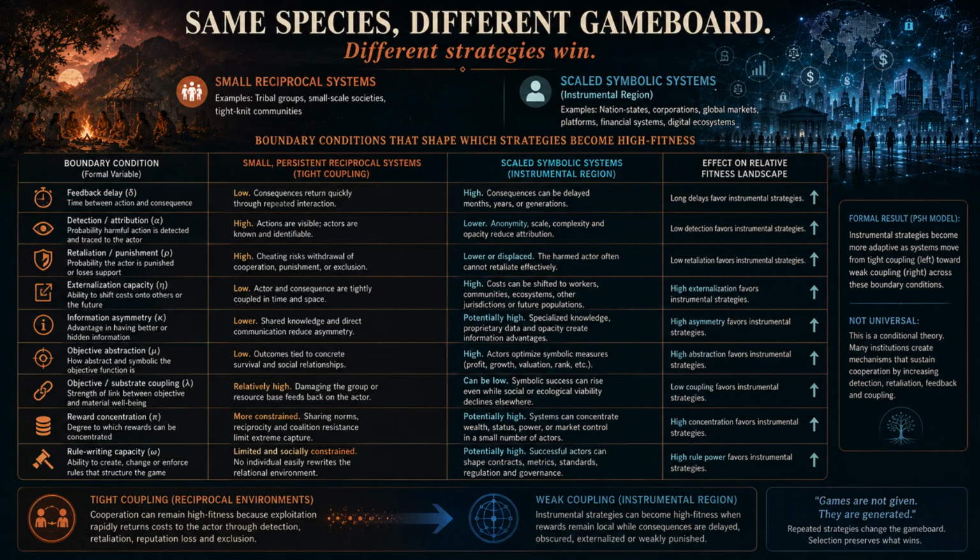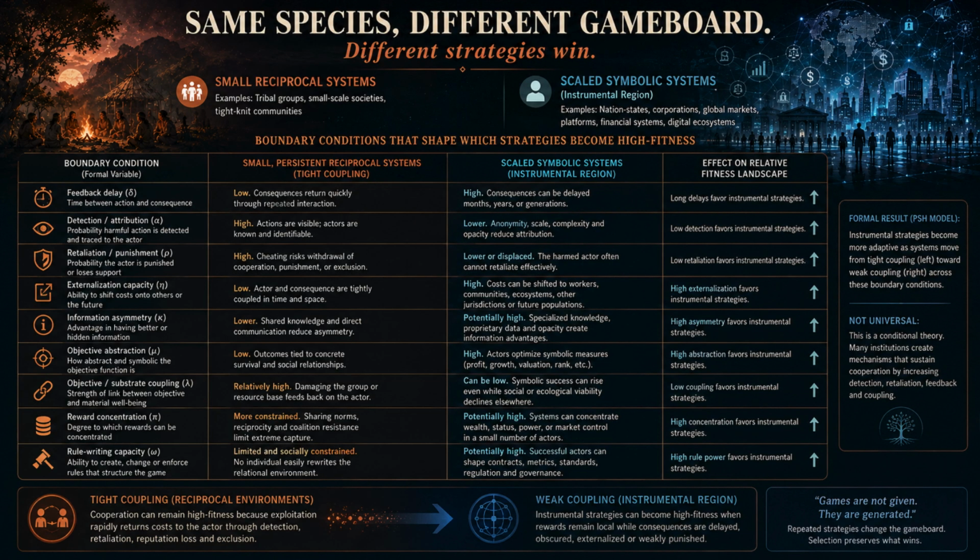Now let's invert the boundary conditions of the game board. So we go from the left-hand side to the right-hand side. Look at those particular boundary conditions. Suppose now detection is weak for causing harm. Suppose I can be anonymous because of abstraction. Maybe consequences for causing harm arrive 5 years later.